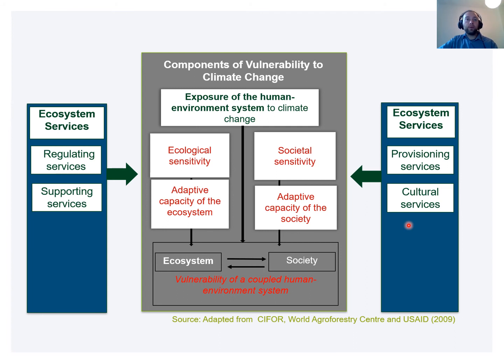And these ecosystem services can help us to reduce vulnerability if they are well available. Let's say if we have a healthy ecosystem in a river basin, the regulating services are well in shape, water flows can infiltrate the soil better, and the likelihood for an extreme flood event is reduced. However, if ecosystems are not in good shape, the lack of ecosystem services provision may lead to an increased vulnerability.